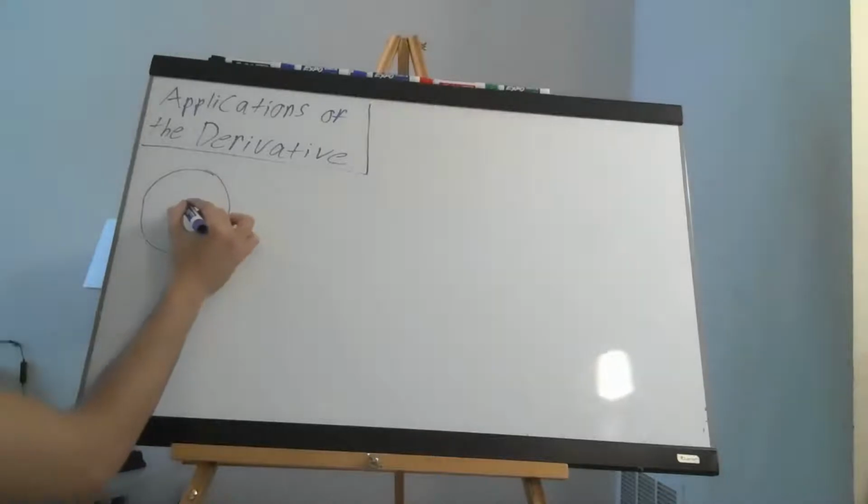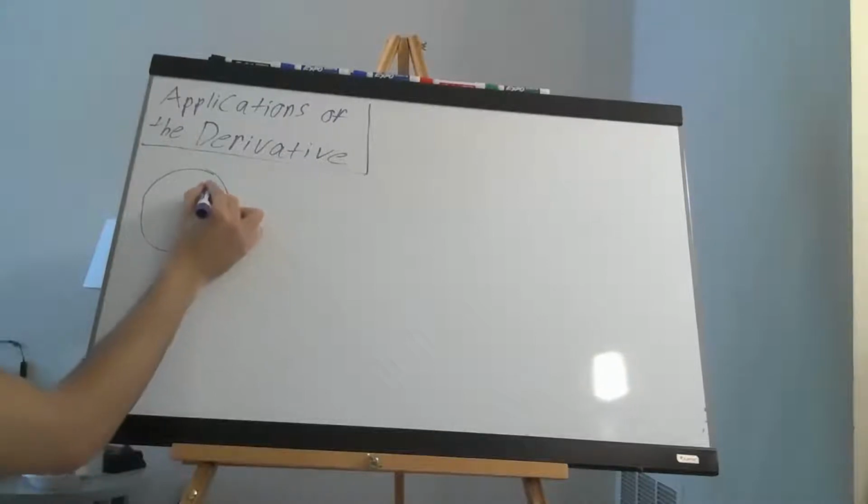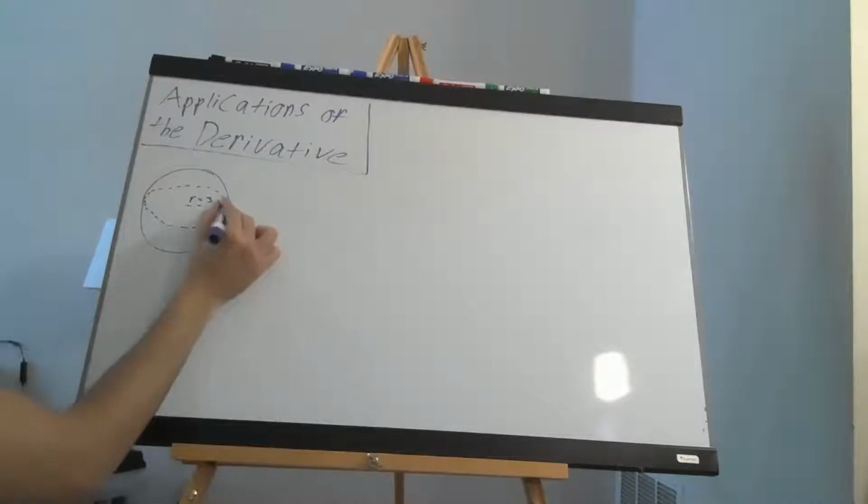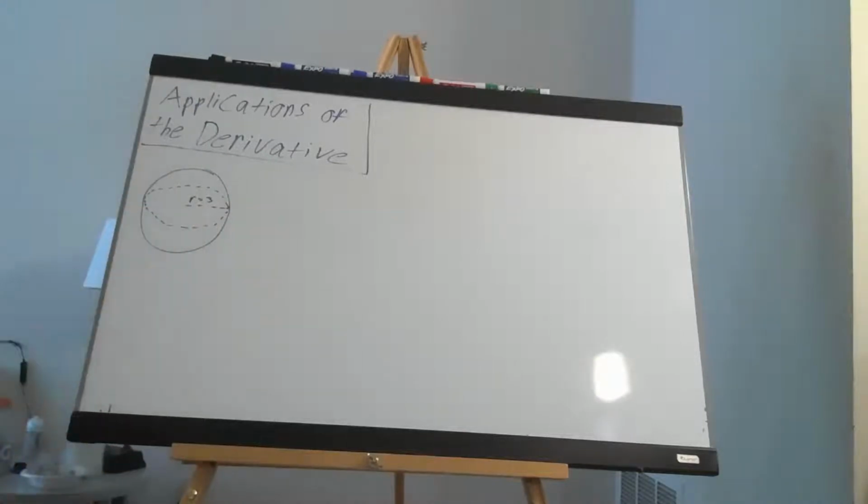So a radius of the sphere, we have r equals 3, and then just so we don't forget that it's a sphere, we can draw something like that and make it look kind of three-dimensional. So we've got it's inflated at a rate of 10 meters cubed per minute.